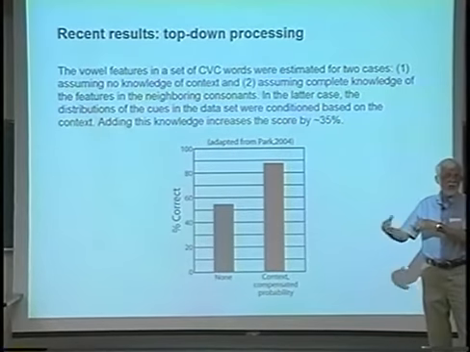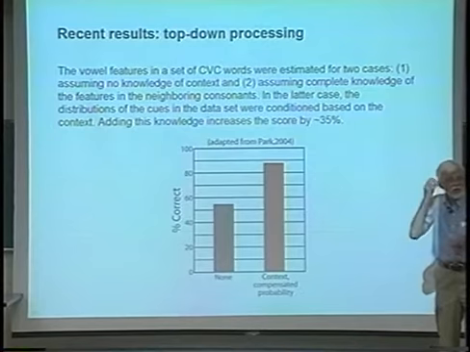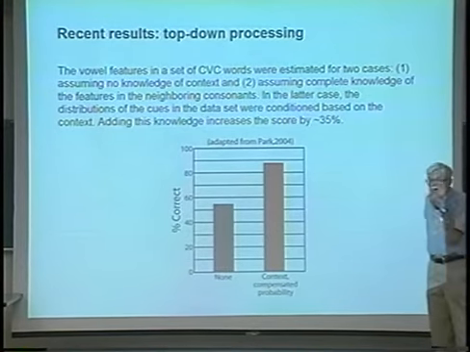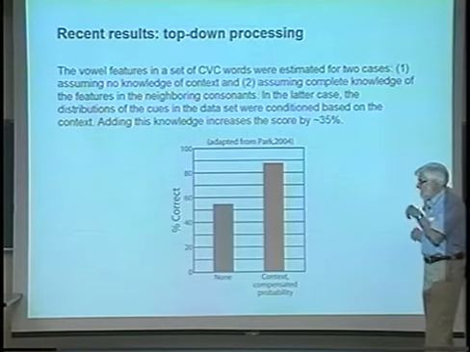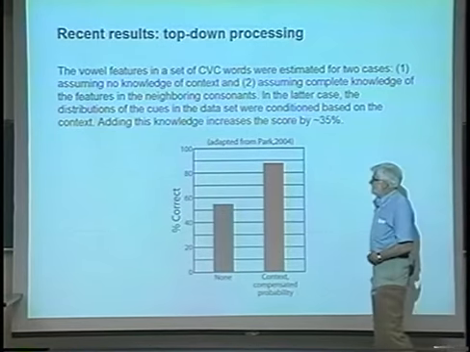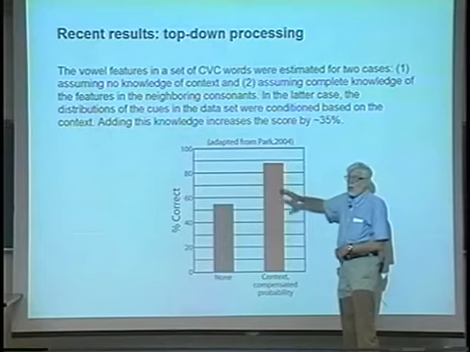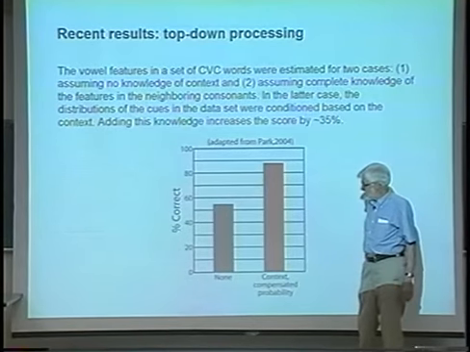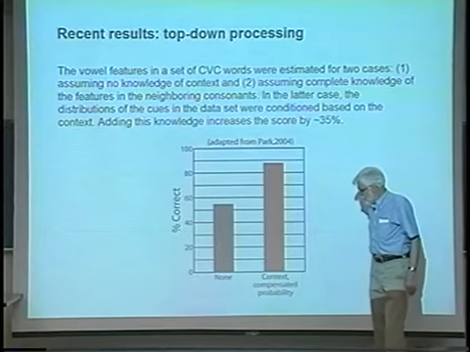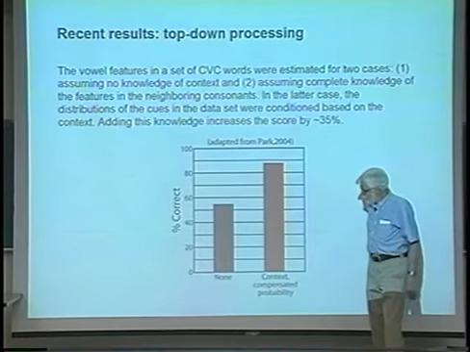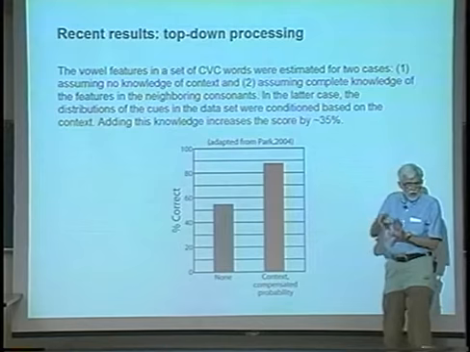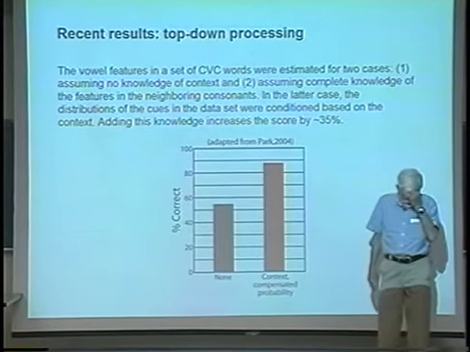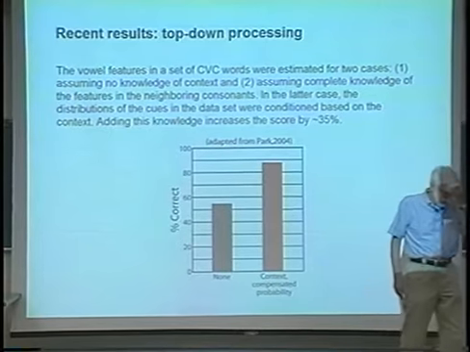A voiced consonant makes the vowel longer, a voiceless one makes it shorter. He took that into account and normalized for that. And he normalized for a number of other things. I won't go into detail. He normalized the first formant across the speakers. There were two male, two female speakers, and he normalized the second formant. There was a lot of detail here. But that was one way of taking into account the context and compensating for it.